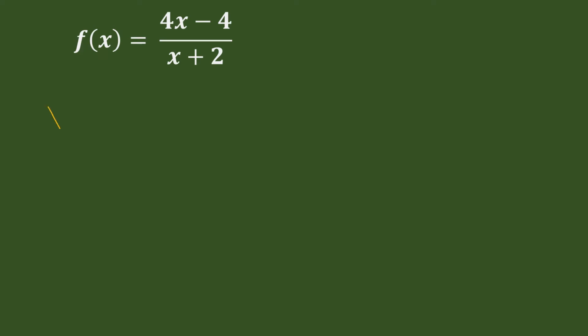To get the x-intercept, we simply replace y by 0. So that will be 0 = (4x - 4)/(x + 2).